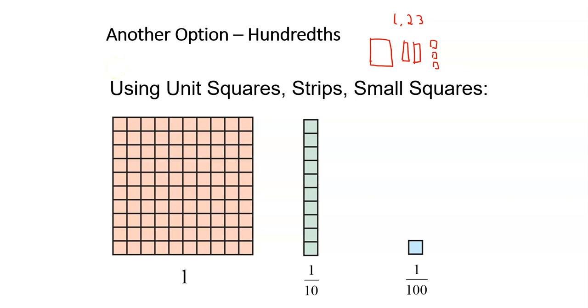What's another option? Well, what if I had 3 decimal places? What if I had, let's be creative here, 1.234. So 1 and 234 thousandths. Well, now how does that work? Thousandths, hundredths, tenths, and then this is the cube.